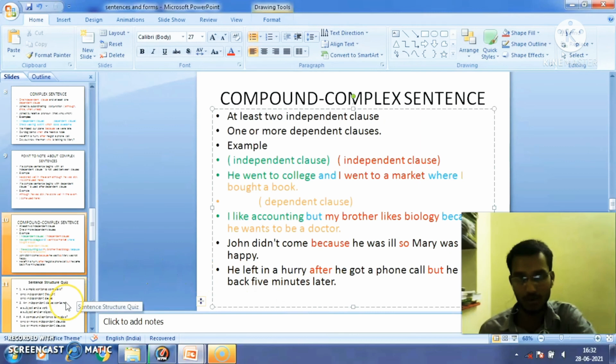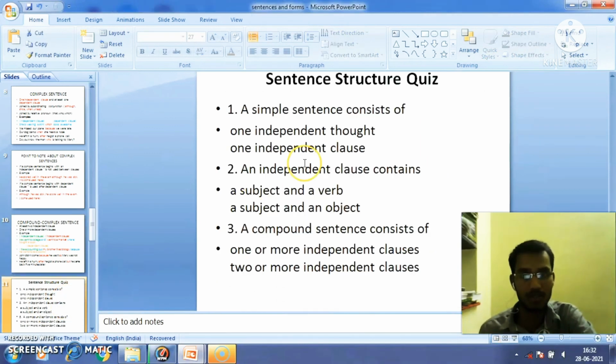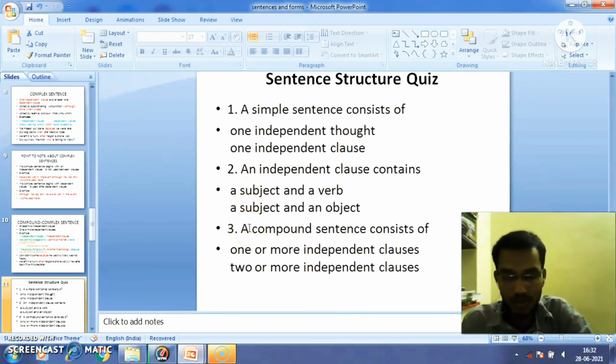Here we have a quiz on sentence structure. I'll answer one by one. A simple sentence consists of one independent clause. An independent clause consists of a subject and a verb. Then a compound sentence consists of two or more dependent clauses, right?